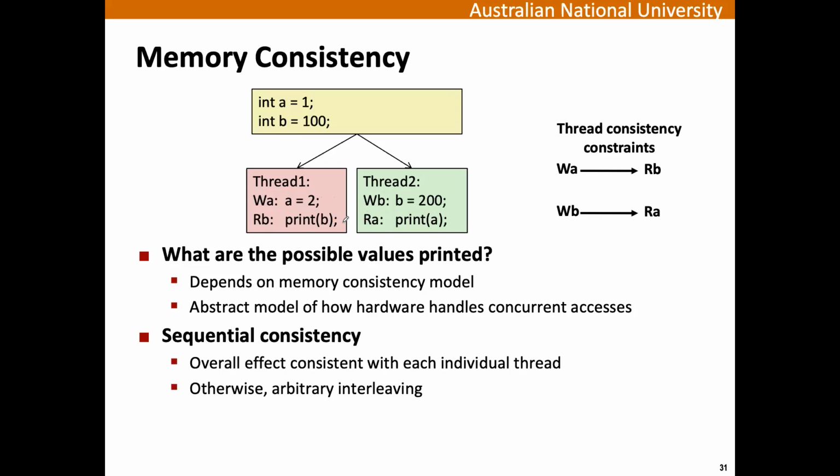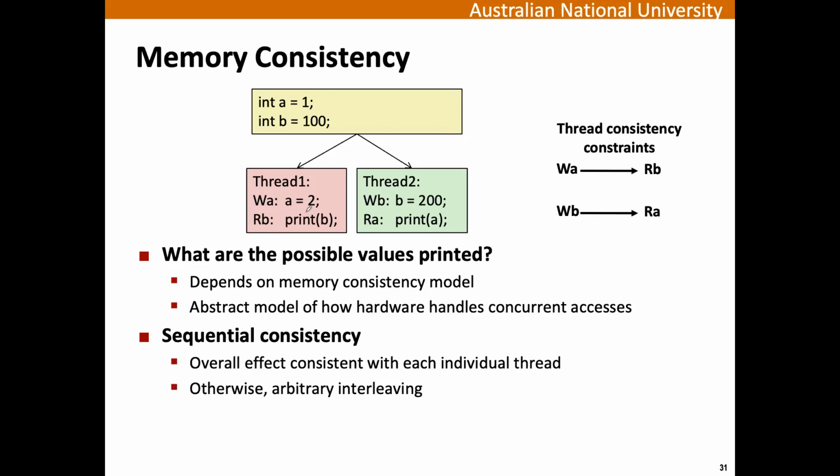So the question is, when you run this program on a multi-core processor, what are the possible outcomes? The way this is handled is by specifying the memory consistency model. The classical, most restrictive model is sequential consistency.